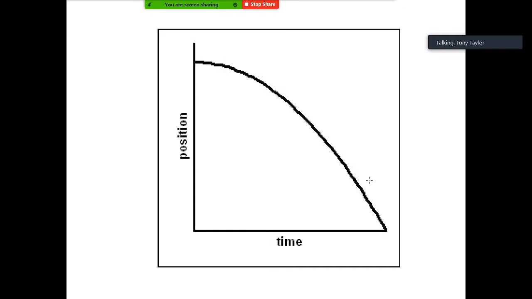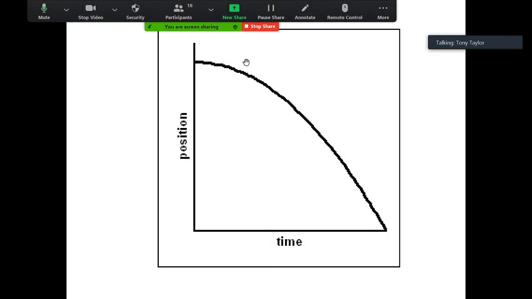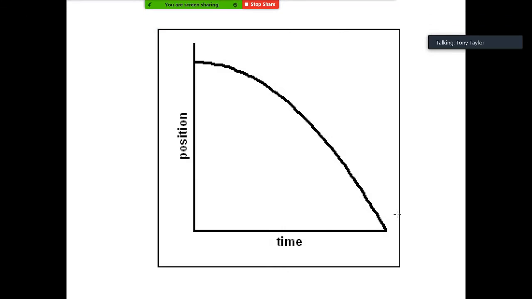I want you guys to notice something here. As we read our graph from left to right, what is the basic trend? Does it appear to be going downhill or uphill? Well, if y'all notice, it's going downhill. So guys, on a position versus time graph, a graph that is always going downhill indicates an object that is moving in the negative direction. Because it's going downhill, we know that it's depicting an object traveling in the negative direction.